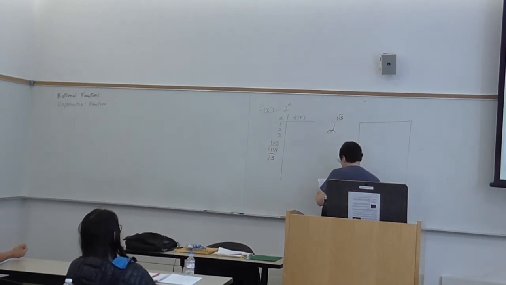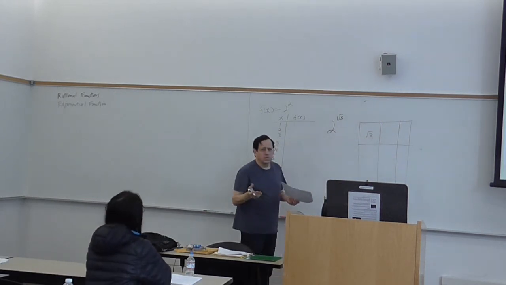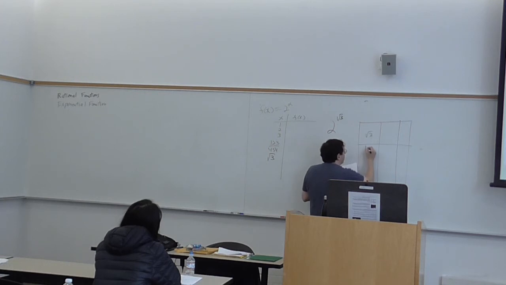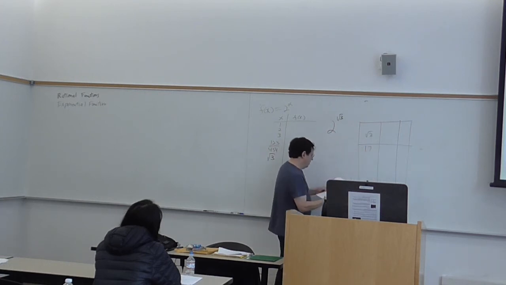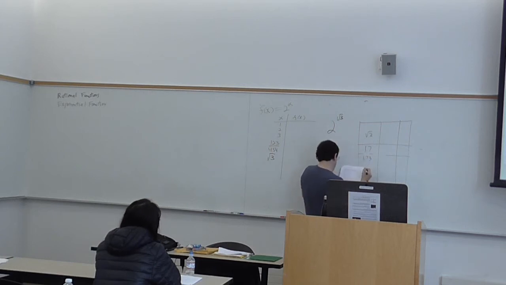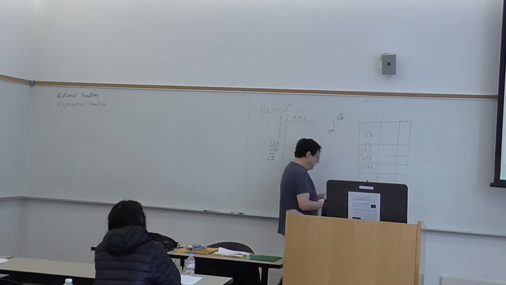I'm going to use a table to describe this. I'm going to take square root of 3, but I'm going to truncate it. I'm going to start at 1.7, and then it's 1.73, and it's 1.732, and so forth.